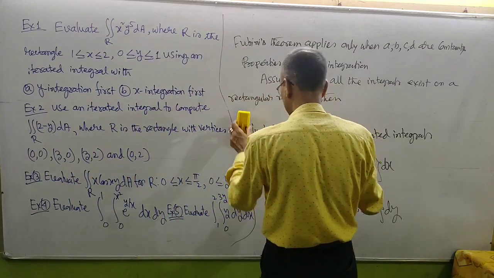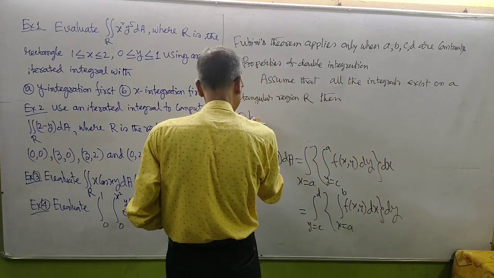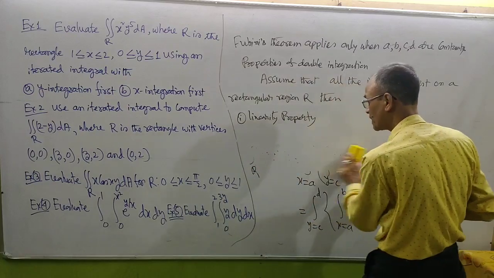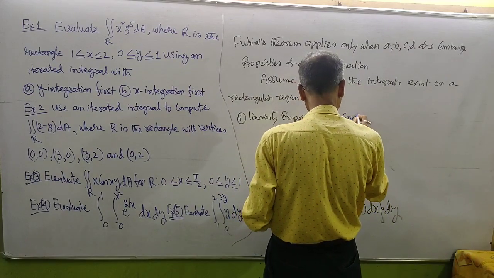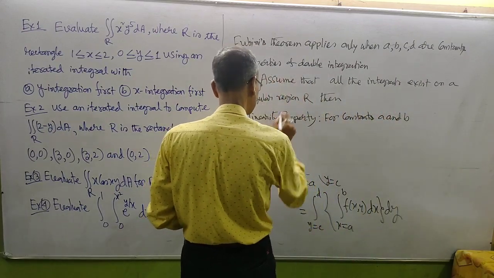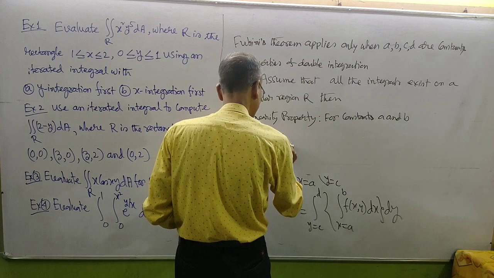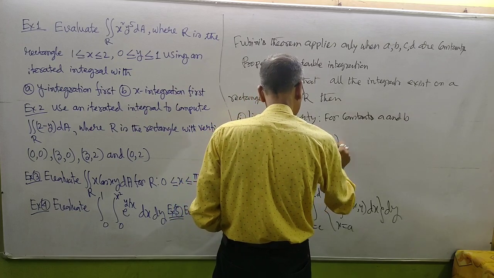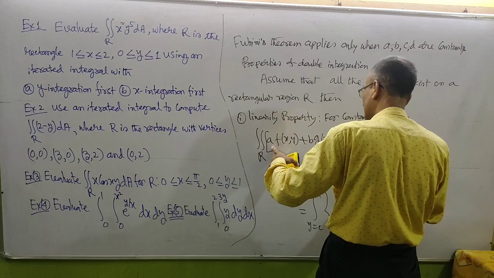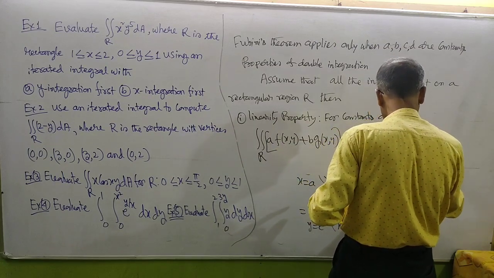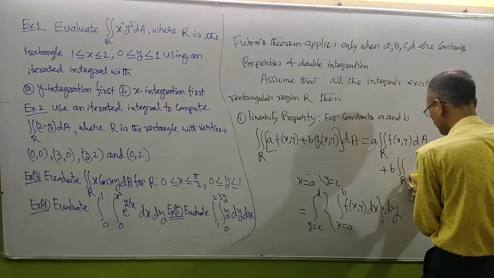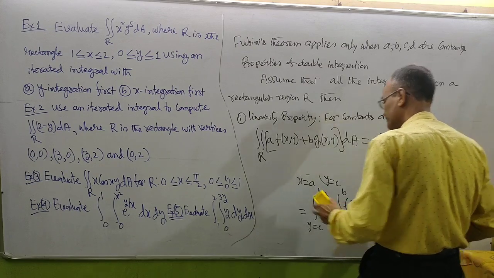Then, number one, linearity property. For constants A and B, double integration over R of A f(x,y) plus B g(x,y) dA is equal to A double integration over R f(x,y) dA, this constant A can be taken outside the sign of integration, just like single integration, plus B double integration over R, it should be g(x,y) dA.